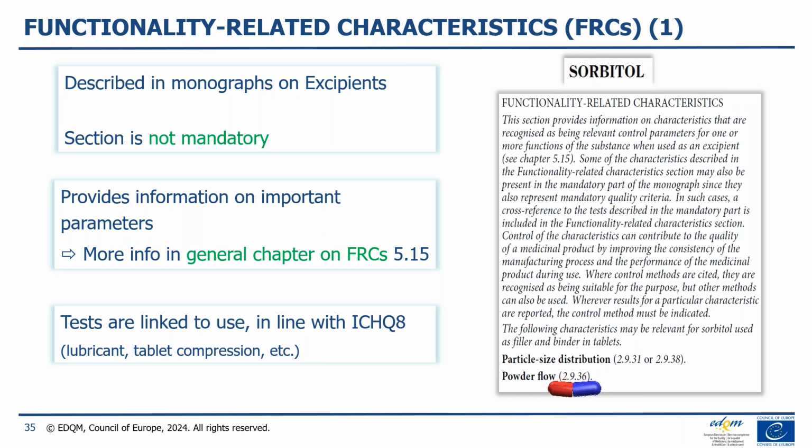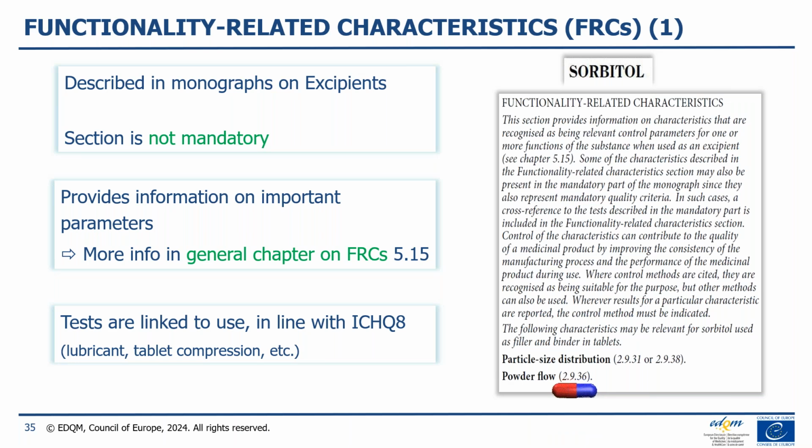This section contains characteristics that are shown to impact the functionality of an excipient for a certain use. A monograph on an excipient might contain either the characteristics or the parameters, or propose tests to control those parameters. And all the tests are linked to a certain use, which is in line with ICH Q8.